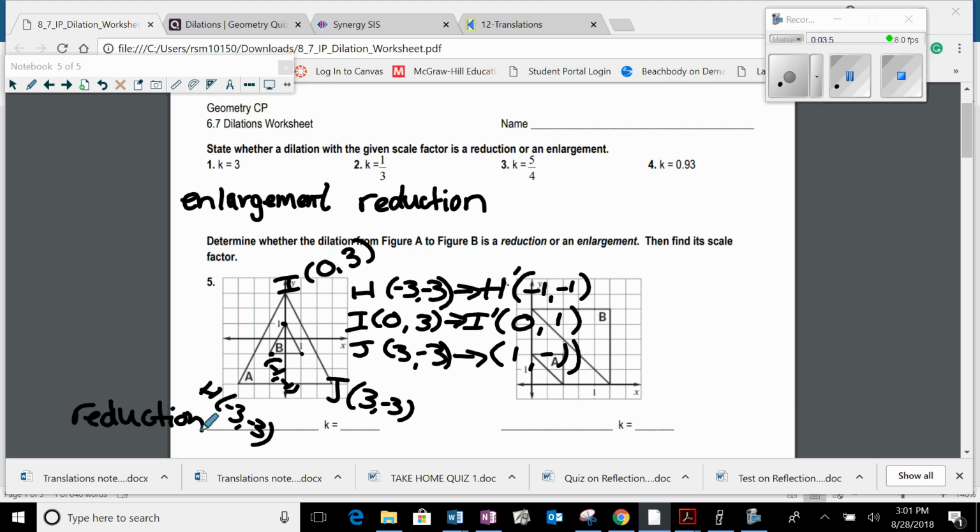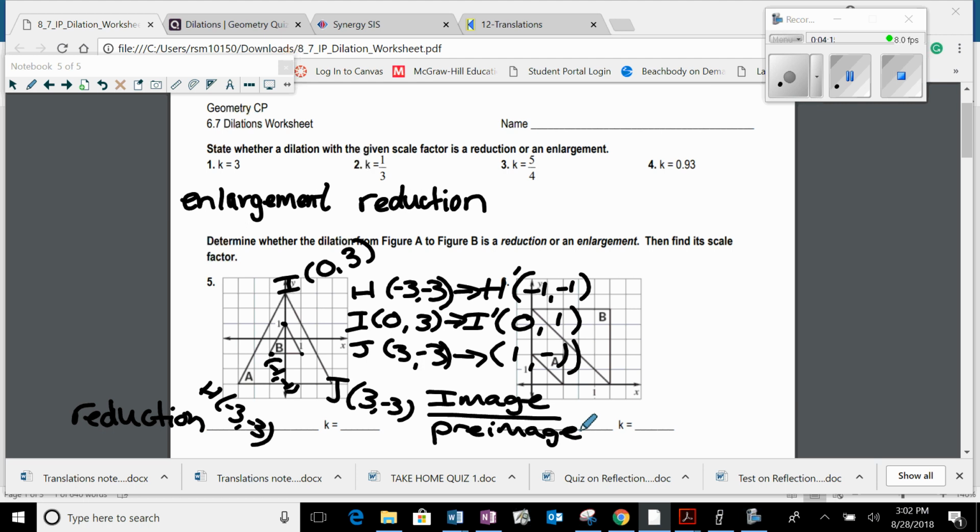And we do that by writing the image divided by the pre-image. So all of the coordinate points, I'm going to write a ratio or a fraction of the values from the image divided by the pre-image.